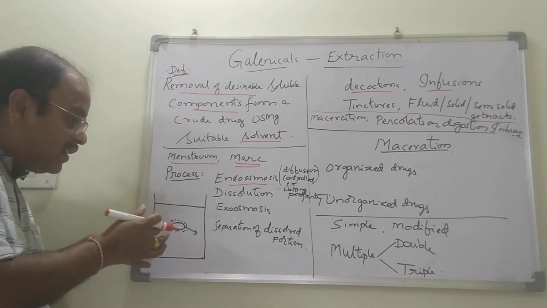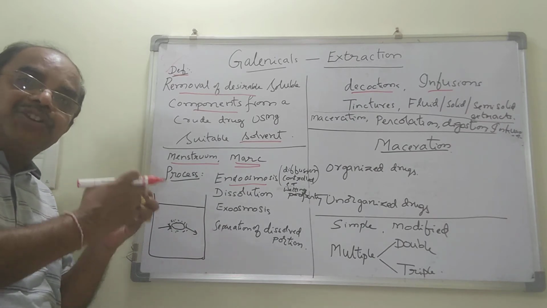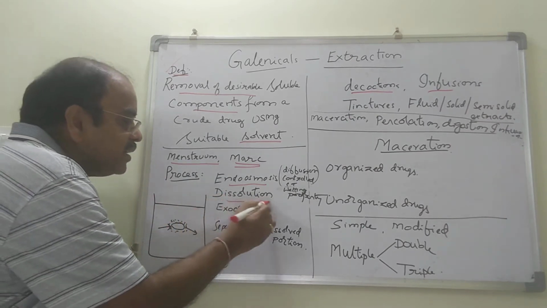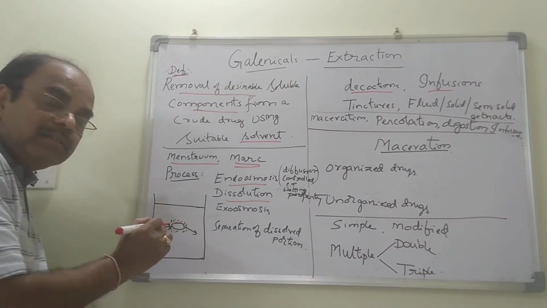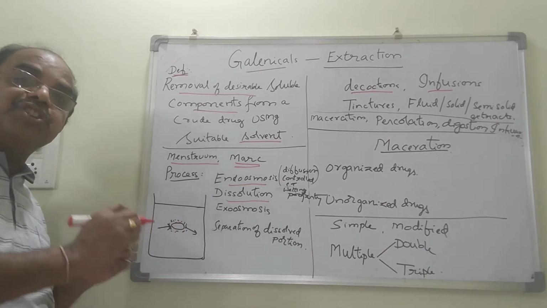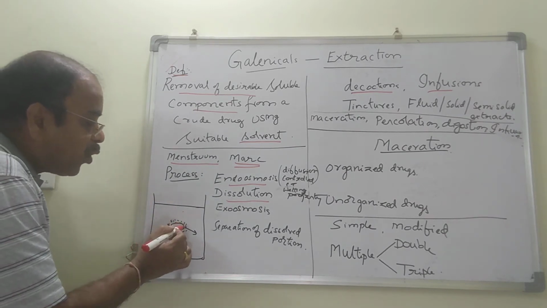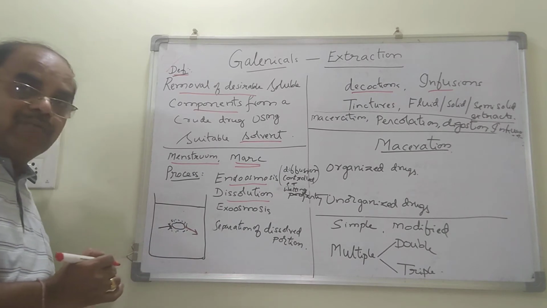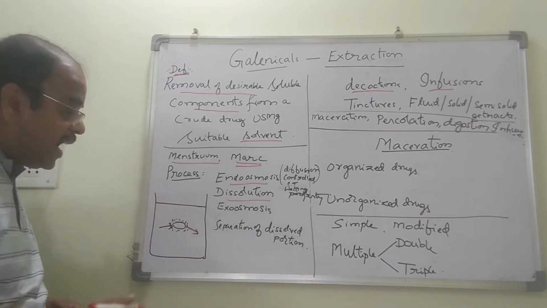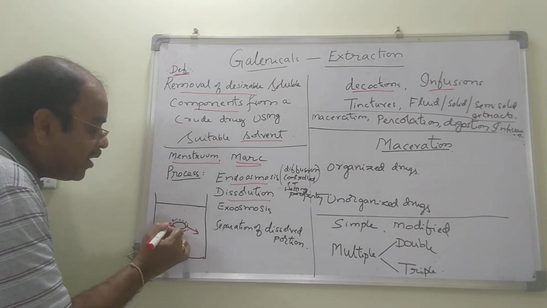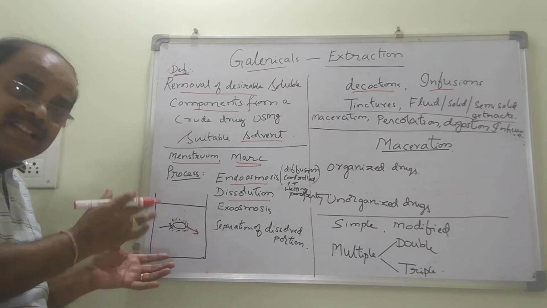After going inside, the solvent dissolves the active principle, called dissolution. After some time, the concentration of solution inside the cell wall is more and outside it is less, so it flows outside. This is called exoosmosis. After some time, the cell wall is covered by a diffusion layer, which restricts the movement.